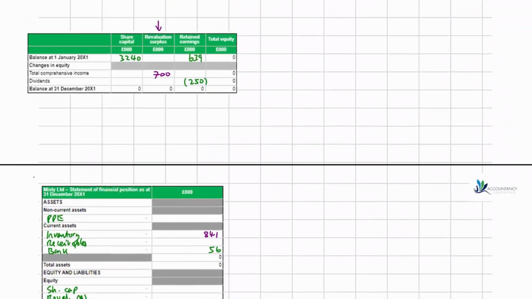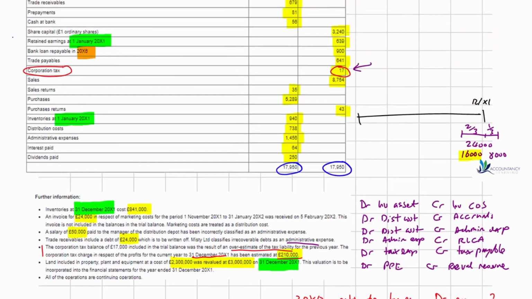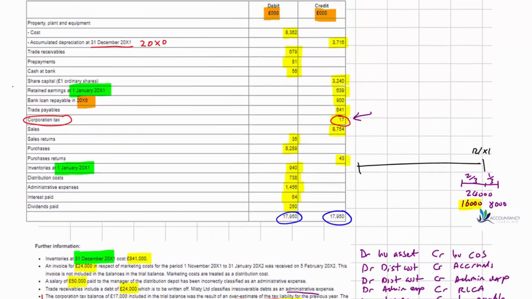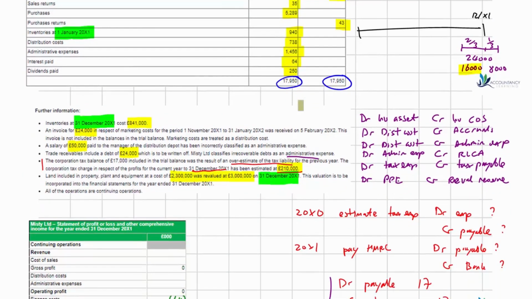So we can put that figure straight into our answer. Okay, so having done the debit and the credit for that, I can now highlight that number. I think I've done everything, but let's just double check. If I go through all the trial balance, I've noticed that every number has been highlighted, and if I go through the further information, I can see that yes, every number has been highlighted.